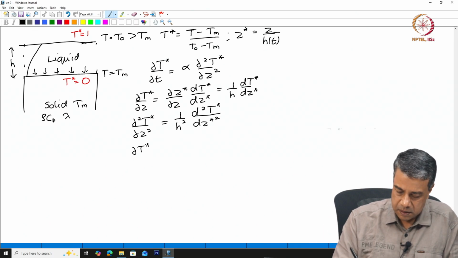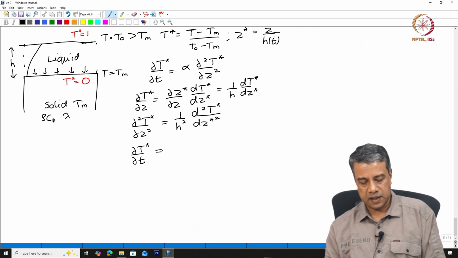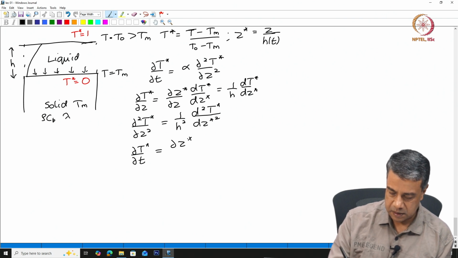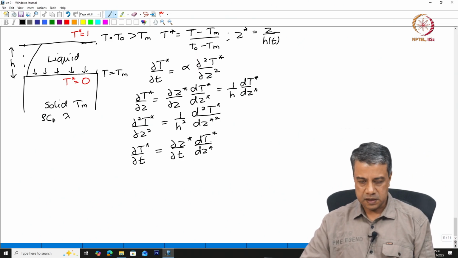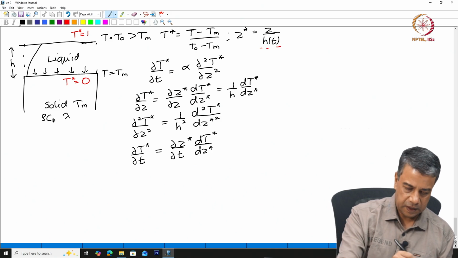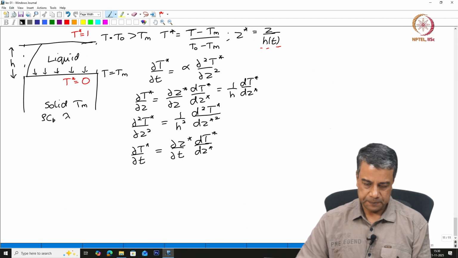The partial T by partial t, the derivative with respect to time, is equal to partial z star by partial t times dT by dz star. Z star is equal to z by h of t.